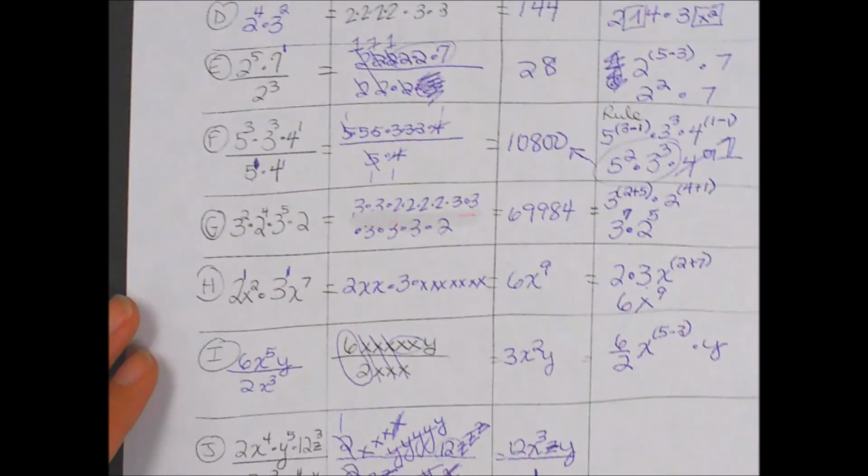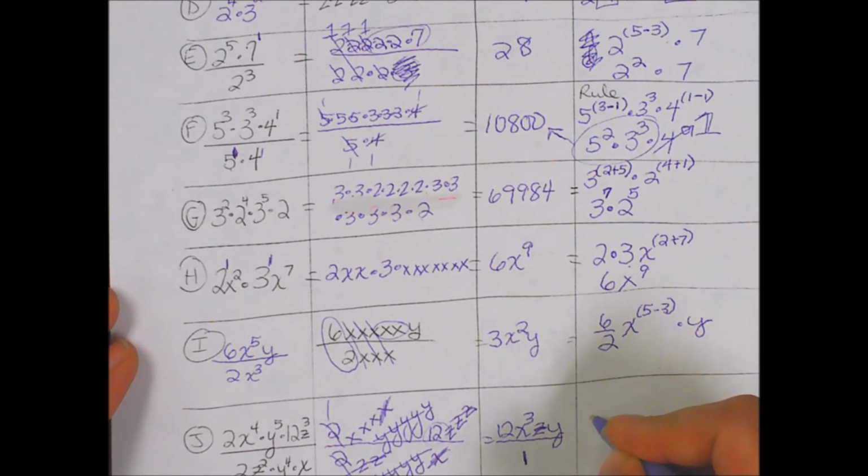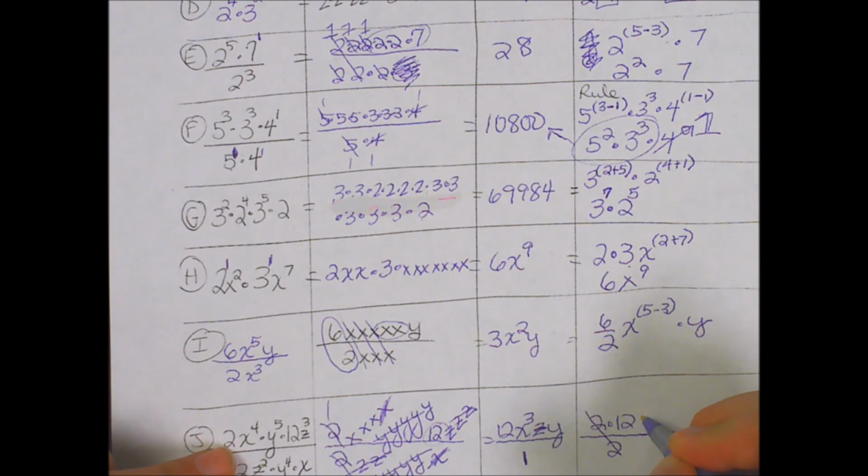So over here, we did the coefficients together, and then x to the 4th with this x to the 1, so 4 minus 1 because we're dividing, y to the 5 minus 4, subtraction because we're dividing, and then z had a 3 up top, take away a 2 on the bottom.